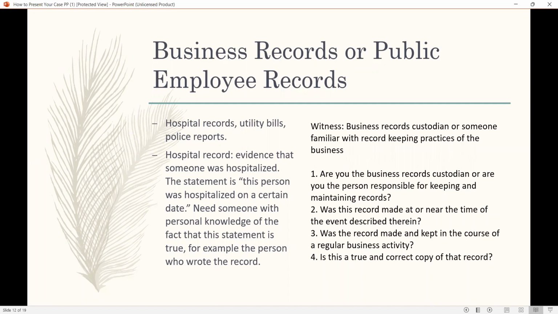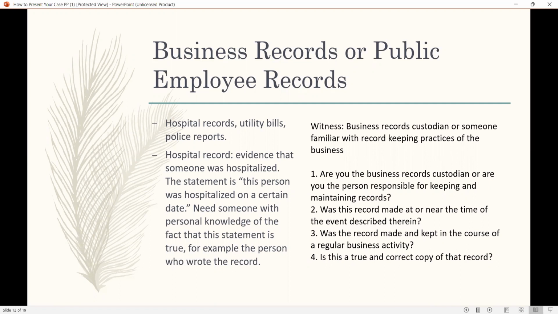And aside from the other steps, you'd mark it for identification and show it to the other side. And then when it comes to the second step of having an exhibit admitted into evidence, which is called laying the foundation, you want to ask these 4 questions. Are you the business records custodian, or are you the person responsible for keeping and maintaining records? Yes.